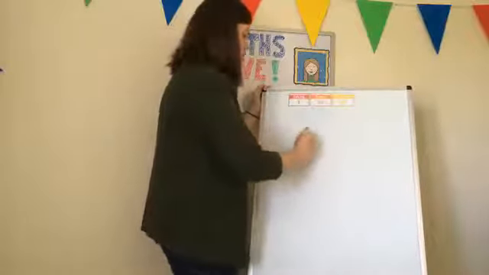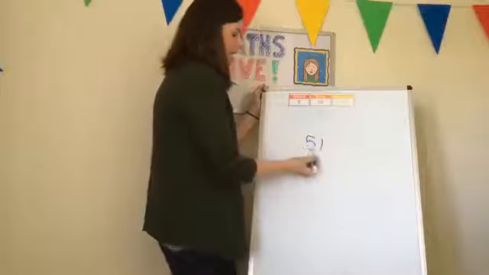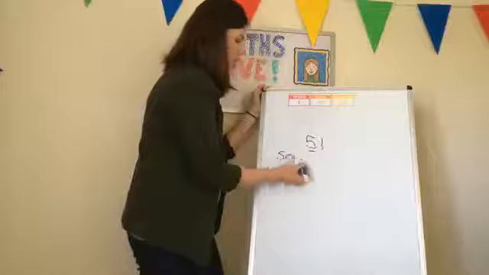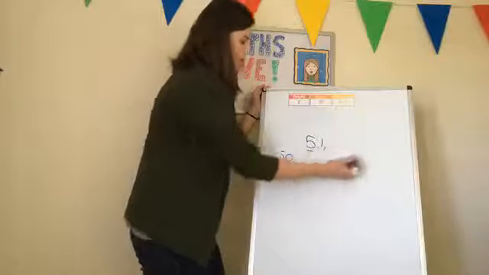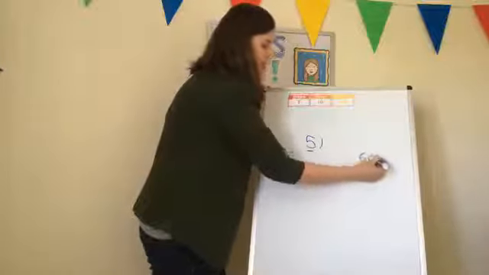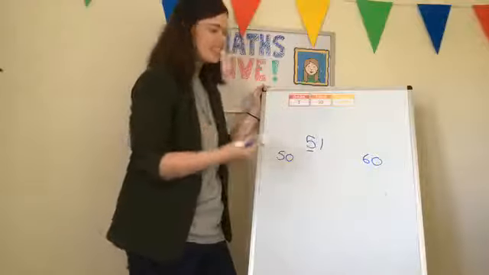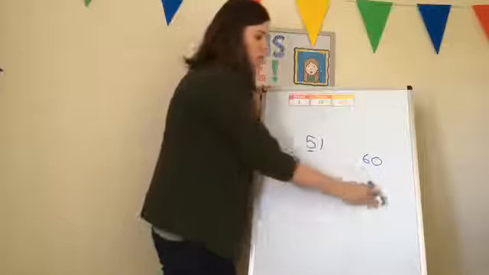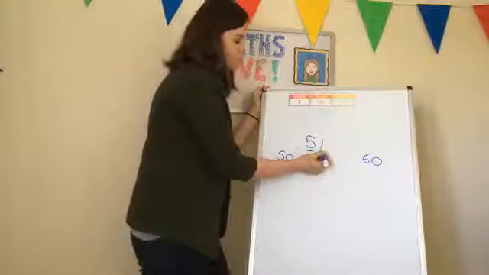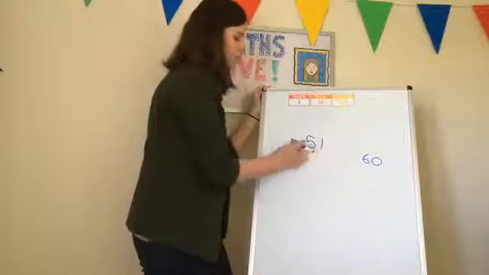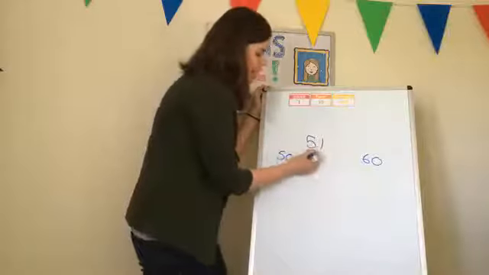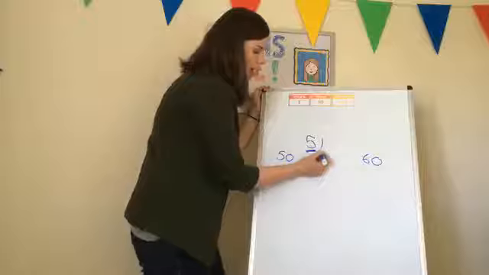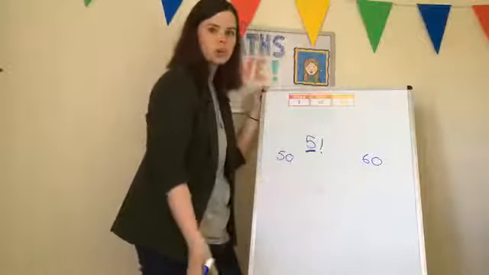So 51, you can even put it on the number line. 50, you're looking to see whether it's between 50 and the next 10 up. So the nearest 10 is either in the 10s that it's in or it's in the next one up. And it's the number to the right of it that tells you. So 51 to the nearest 10s. Here's our 10s column. And it's the one to the right of it, this one, that tells us what to do.